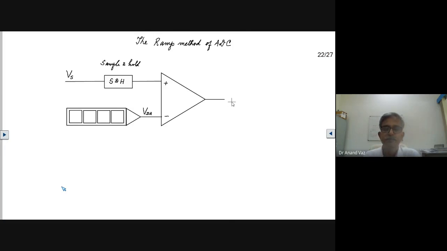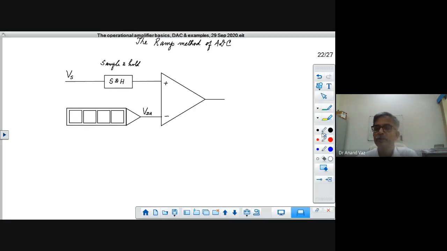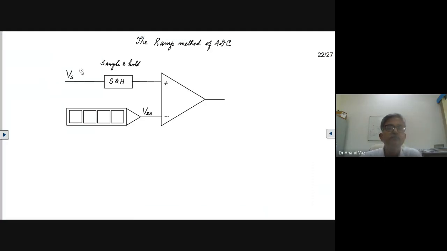Let us say that we have a signal corresponding to 5 volts, just as an example, hypothetical.